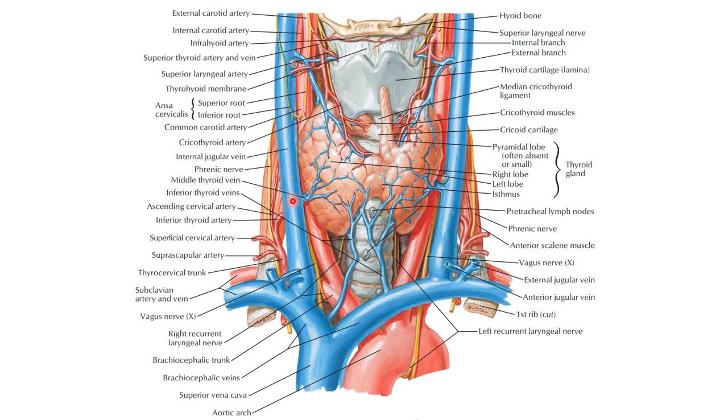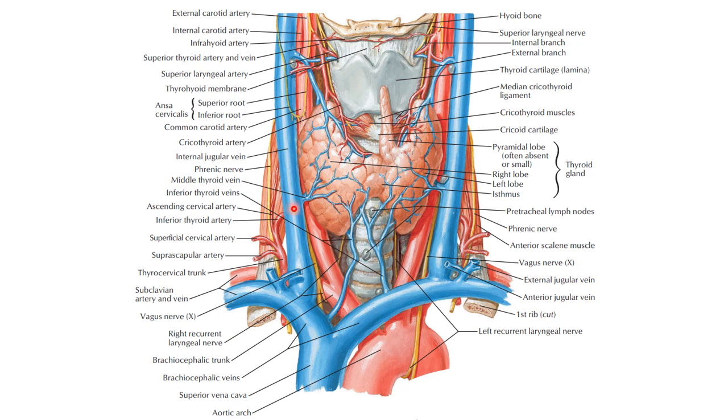Next, you have the second pedicle, which is just made up of veins. That would be the middle thyroid vein, okay, which drains into the internal jugular vein.